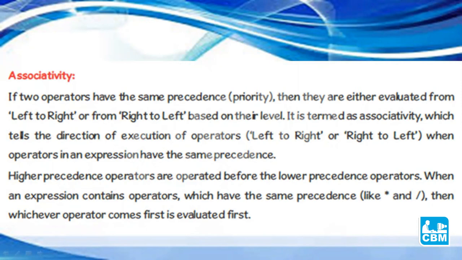In such a case, they are either evaluated from left to right or from right to left based on their level. This is termed as associativity. Higher precedence operators are operated before the lower precedence operators. When an expression contains operators which have the same precedence, then whichever operator comes first is evaluated first.